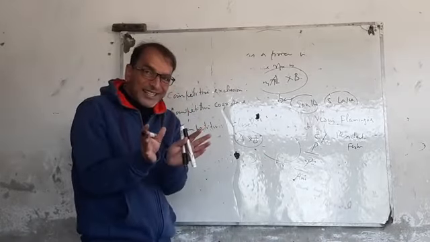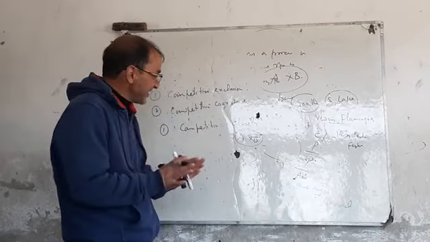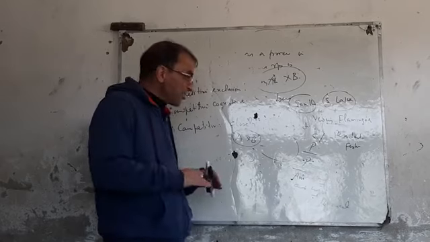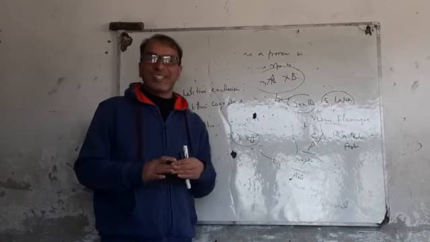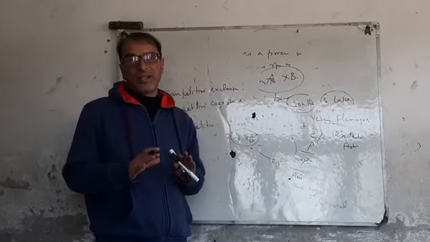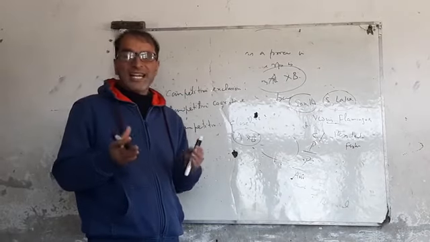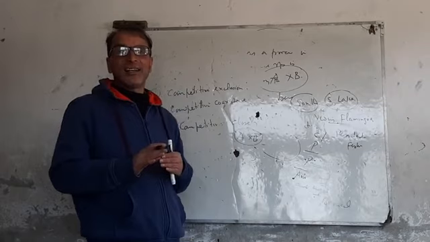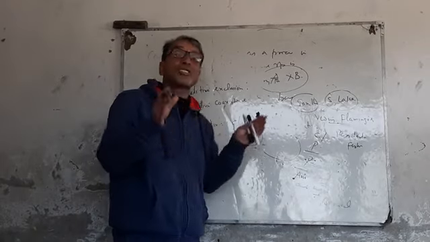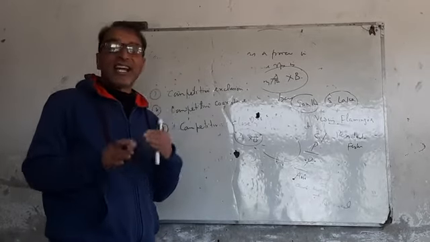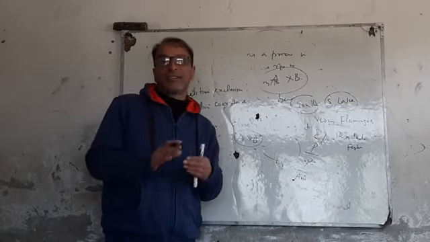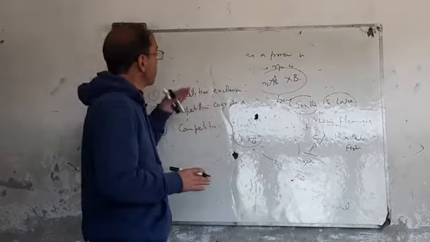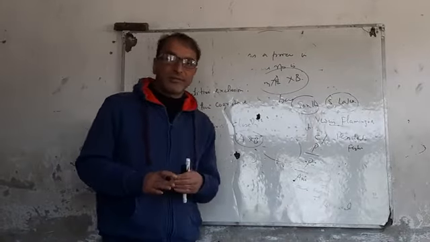I will tell you once again, competitive exclusion is defined as the process in which two closely related species cannot grow indefinitely in the same area because these two species have the same requirements. They need the same food.